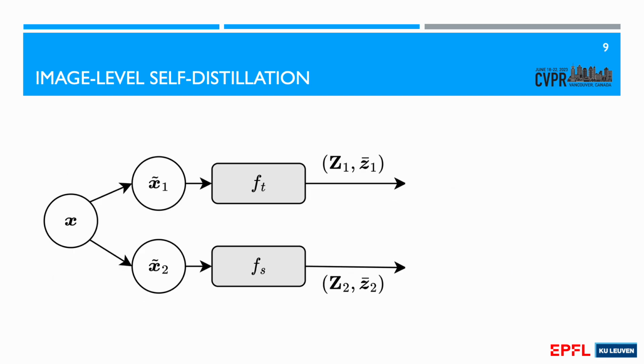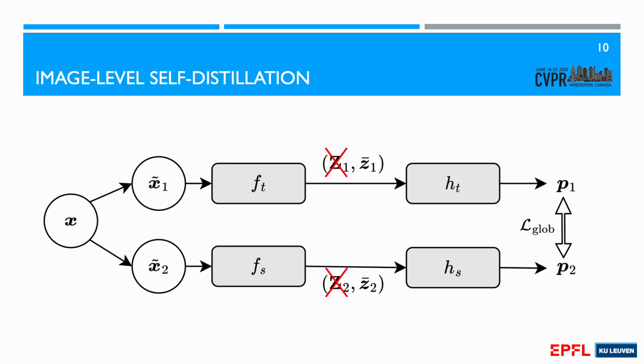So self-distillation applies two different data augmentations to an input image X from your dataset to get two views, X tilde1 and X tilde2. These two views are then fed to two different encoders to obtain two dense representations and two image-level representations. So in image-level self-distillation, the dense representations are completely discarded and only a single loss is enforced between the two global representations or image-level representations.